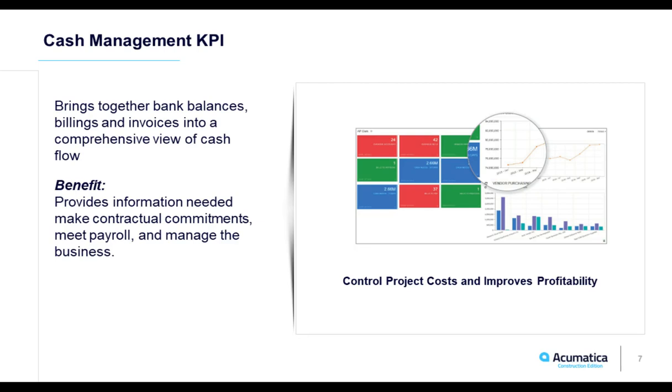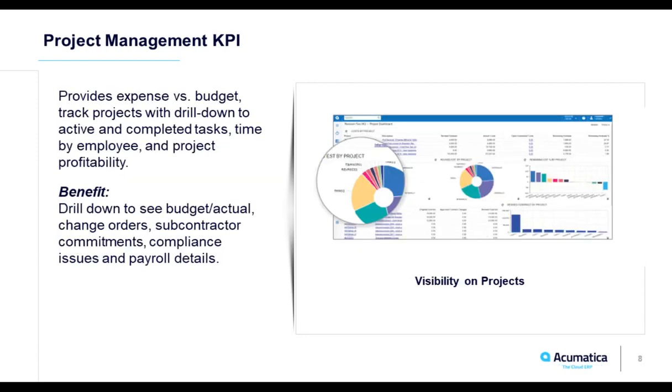One thing I wanted to mention, there's a full screen icon in the upper right-hand corner of your window. That'll make your screen obviously get a little bit bigger and you'll be able to see those graphics a little bit better. So let's talk about project management KPIs. So we're looking at a project manager's dashboard, giving visibility on all of our projects.